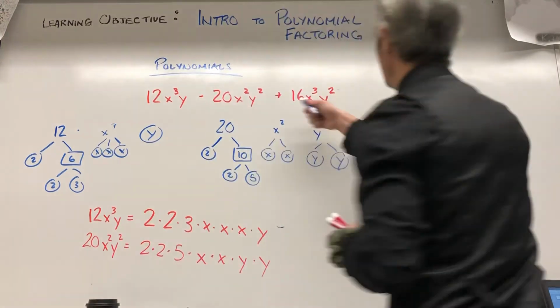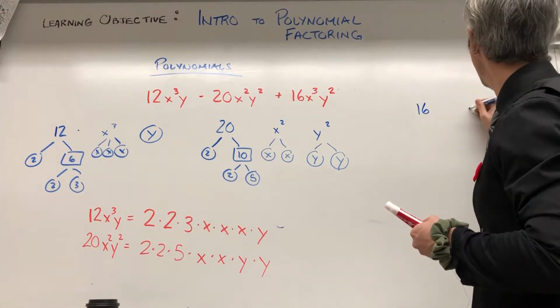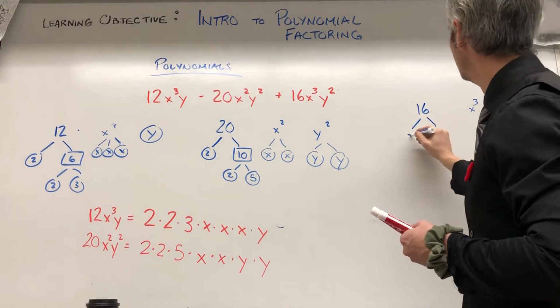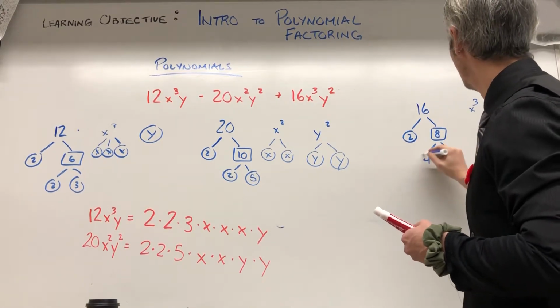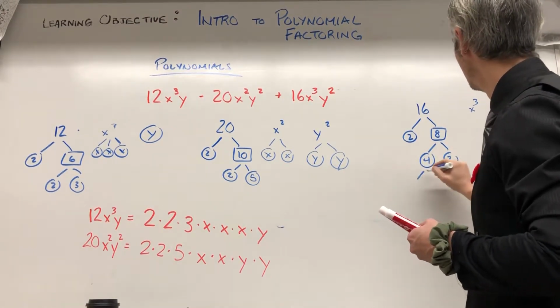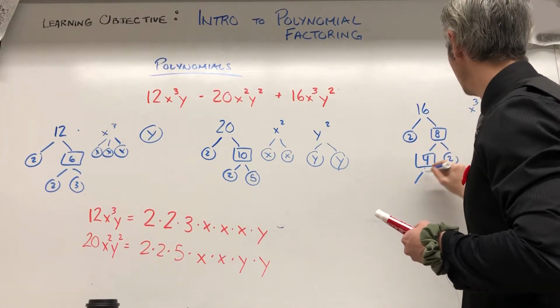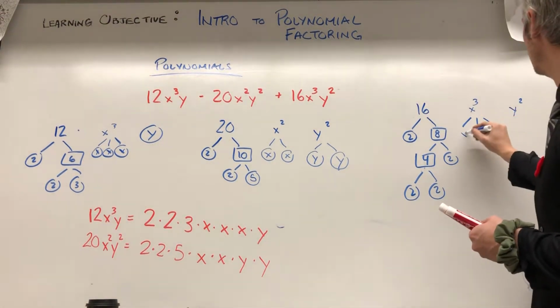And finally, the last term, I've got 16x³y². 16 factors into 2 and 8, into 4, into 4 and 2, and then into 2 and 2. x cubed is 3 x's.